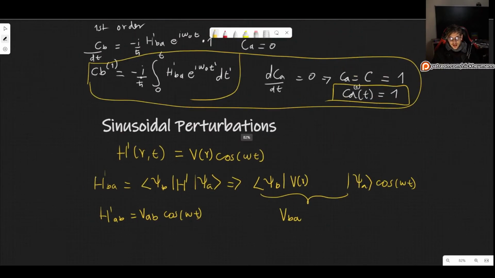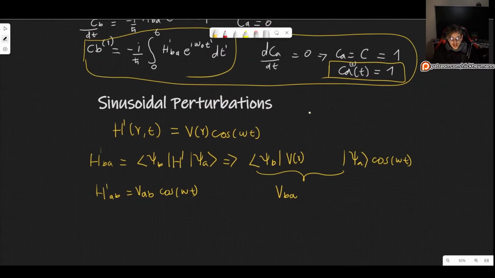For that reason, CB is what we are interested in. CB, as a function of time, is what will give us the probability that this lower state will transition into the higher state. That's why we will focus on CB here.